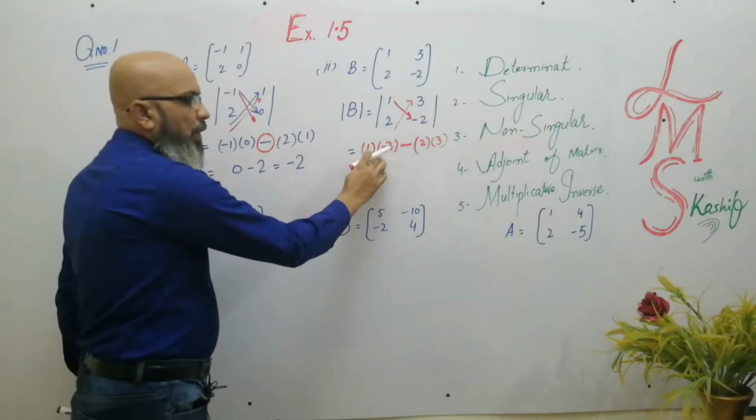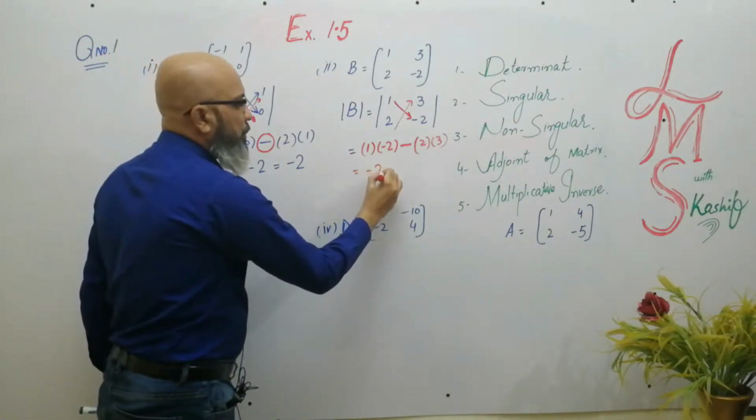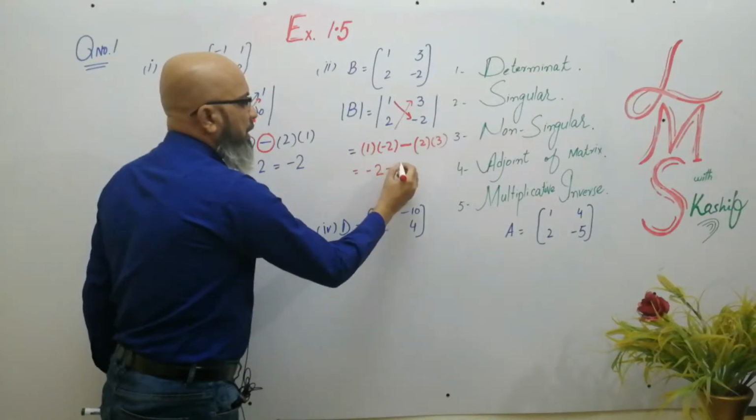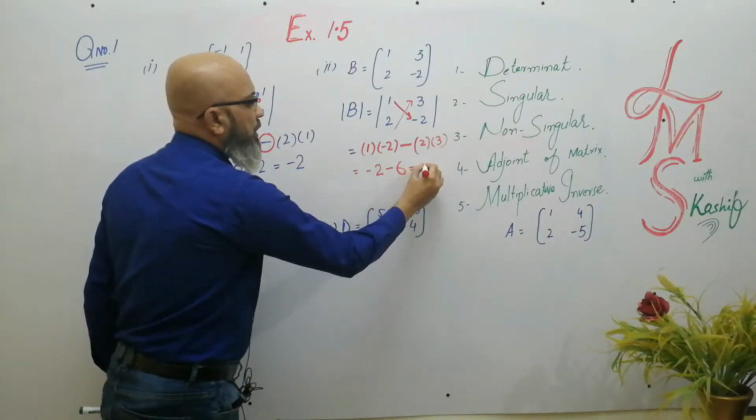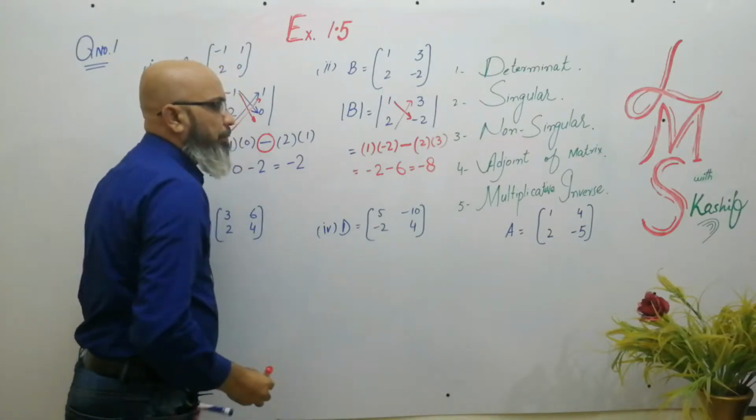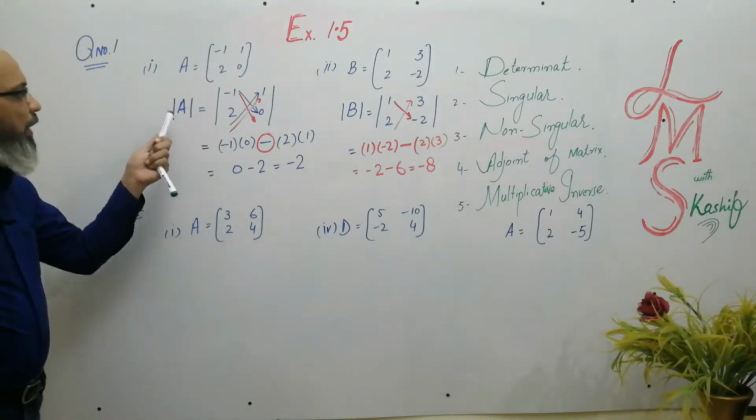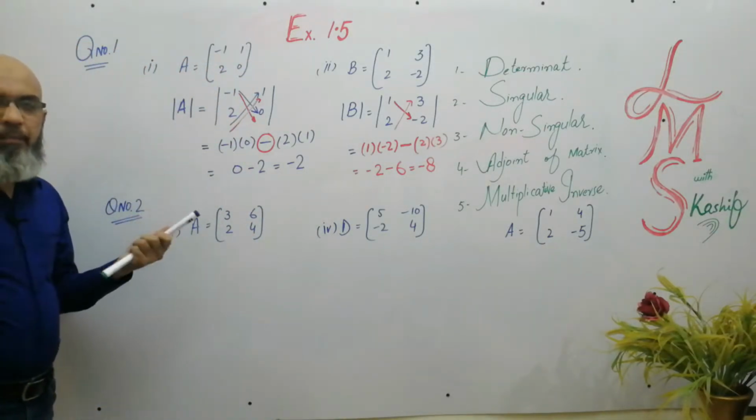So 1 into -2 is -2, and minus 3 twos are 6. Your answer is -8. So in this way you can find the determinant of a matrix.